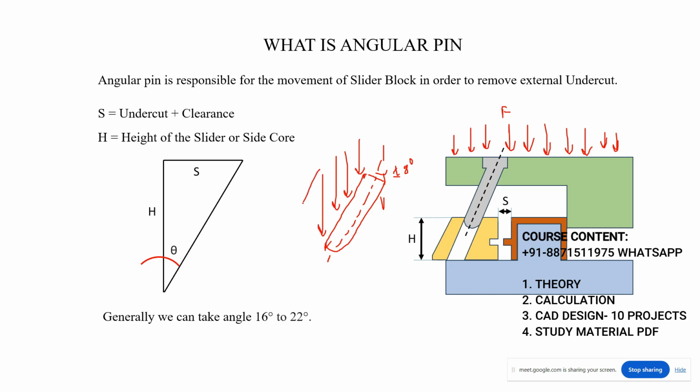What is happening here? By the 18 degree, it will affect 4 unit. But I am taking the angle 20 degree here, so basically it will affect 5 unit.